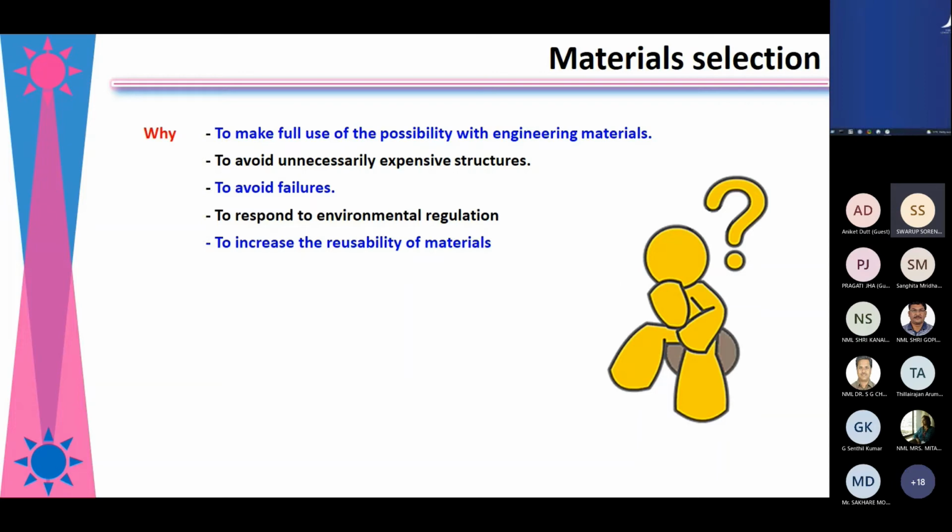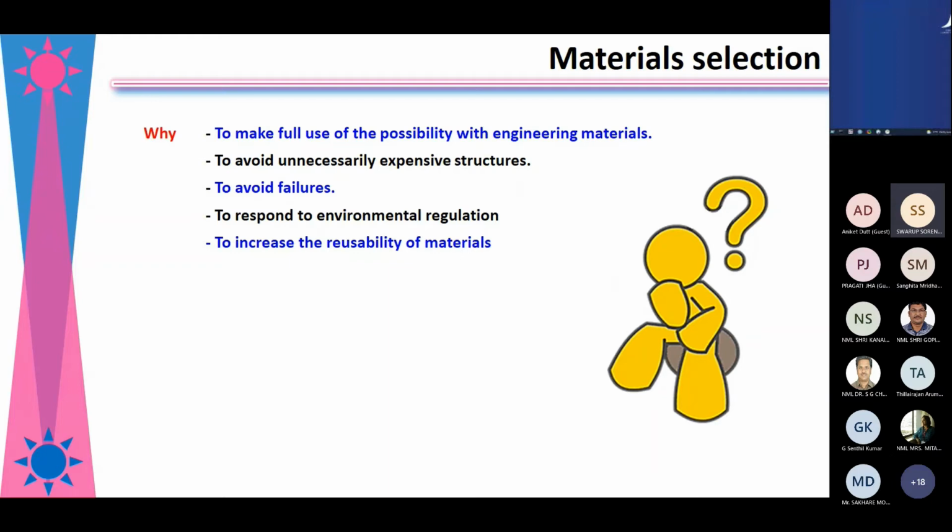That means we can have titanium in place of mild steel, for example, but that may be very costly. So we have to be very careful about what is the most economical material we are going to choose. And obviously we have to take care of strength and load bearing capacity, so as to avoid failures.